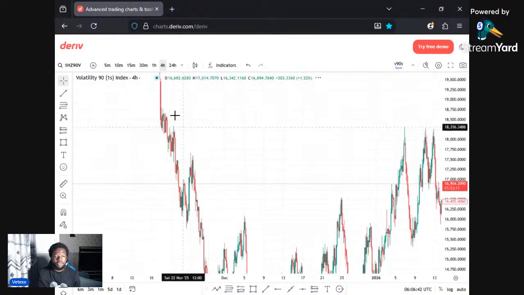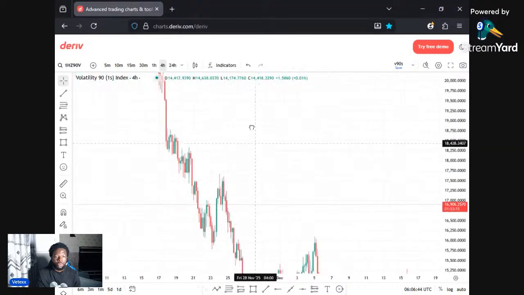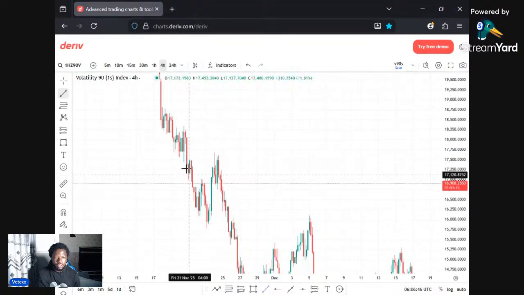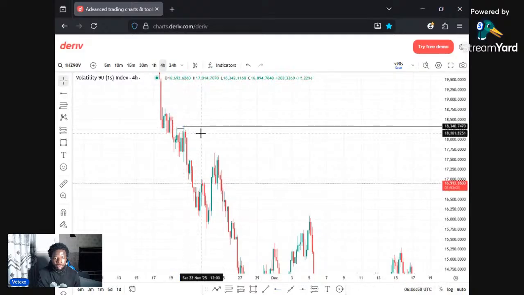So on the 4-hour time frame, you can see that we have a sweep of liquidity, which is this. We have our protected high, which is this. We have our first break of structure, which is this.